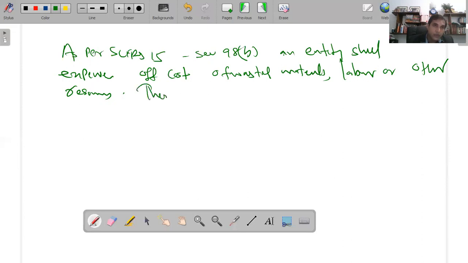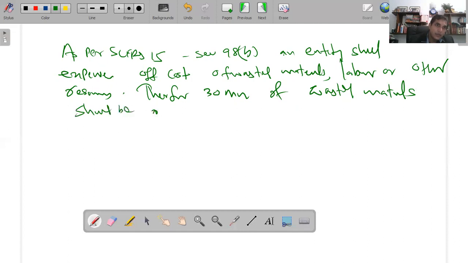Therefore, 30 million of wasted materials should be excluded from the actual cost.